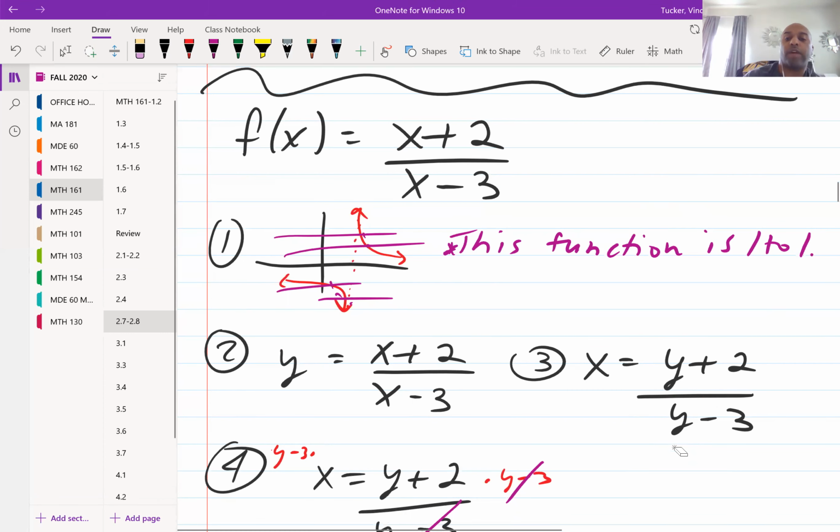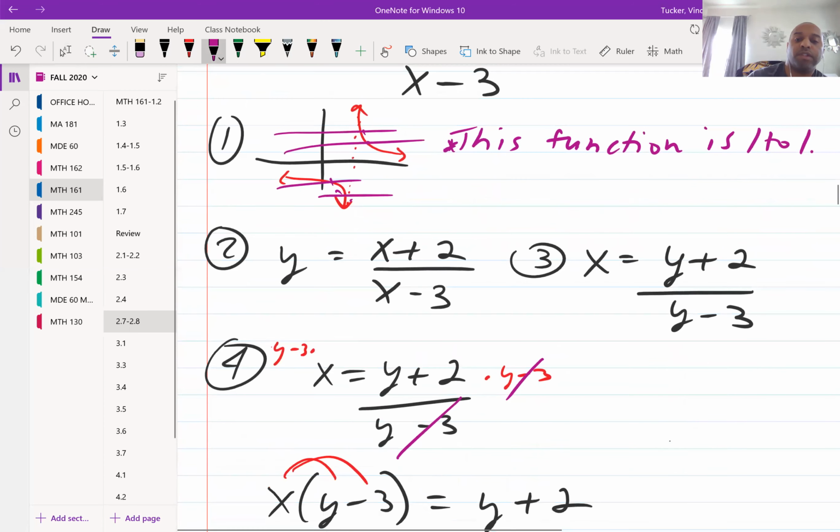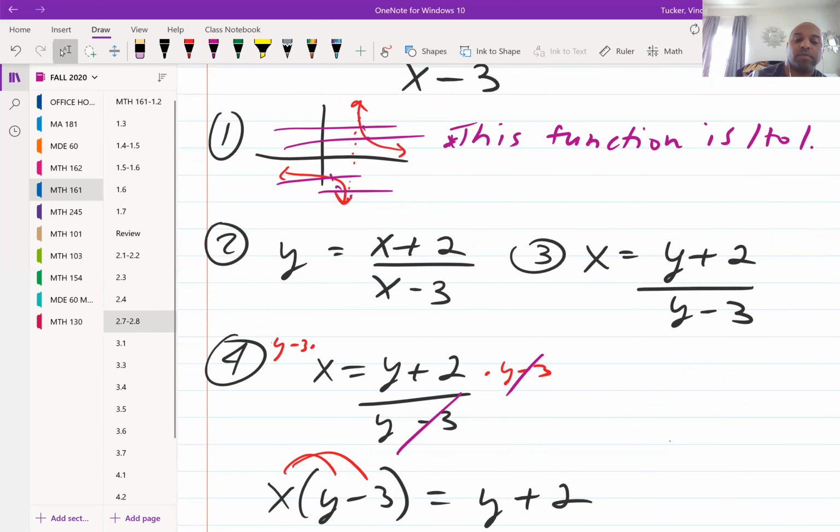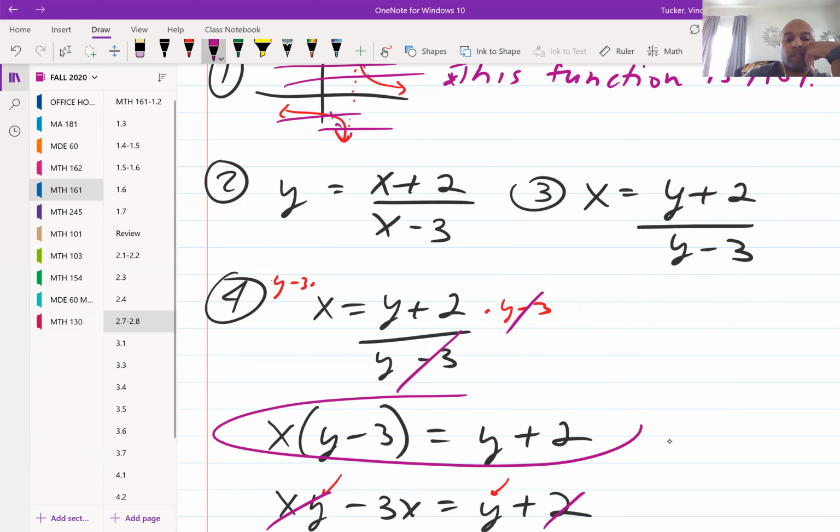All right, so now we want to solve for y, but we have to get y out of the denominator first. So we'll multiply both sides by y minus 3. Multiplying both sides by y minus 3 cancels out the y minus 3 in the denominator and gives us x times y minus 3 equal to y plus 2.